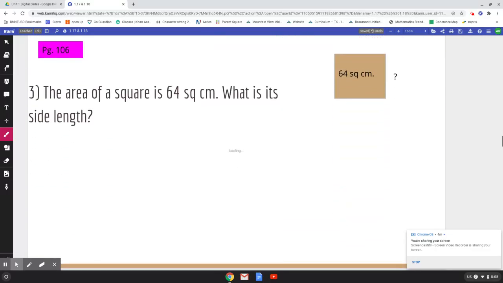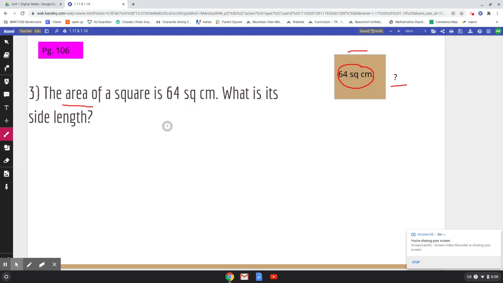All right, still on page 106, and I'm doing number 3. It says the area of a square is 64. What is the side length? So we have done this before, right? If I know that the inside is 64, I need to figure out what times what makes 64. Well, I know that 8 is the answer.